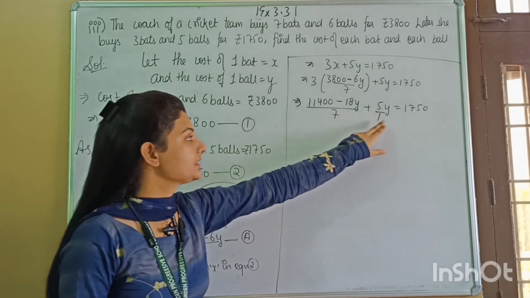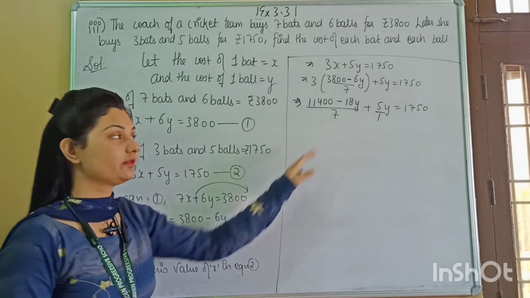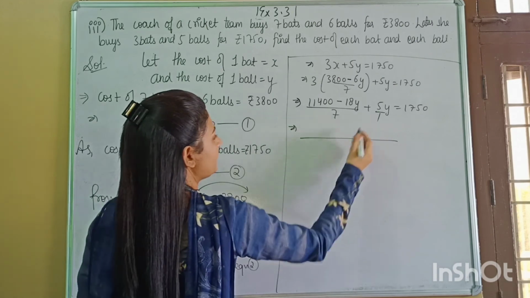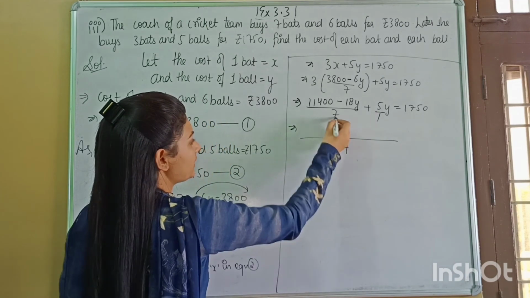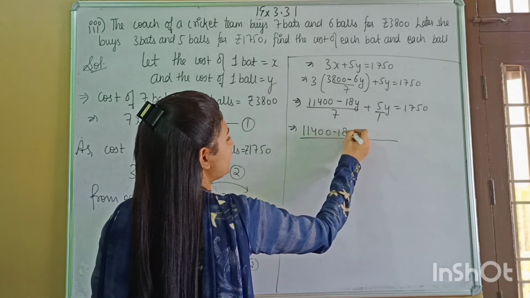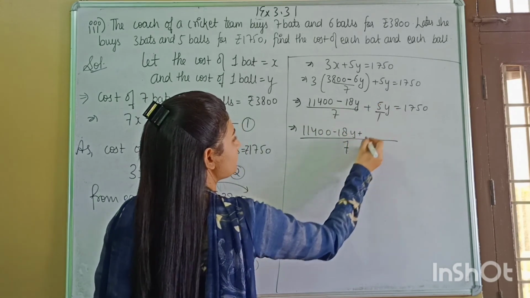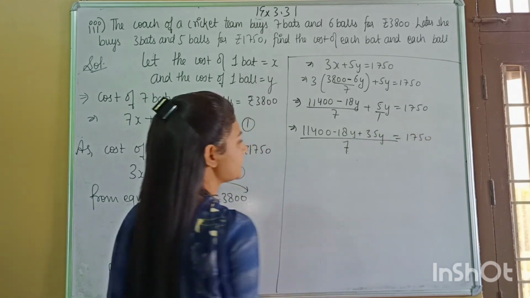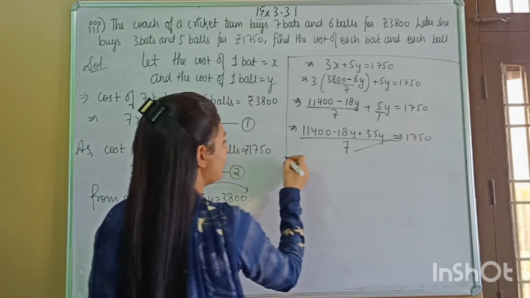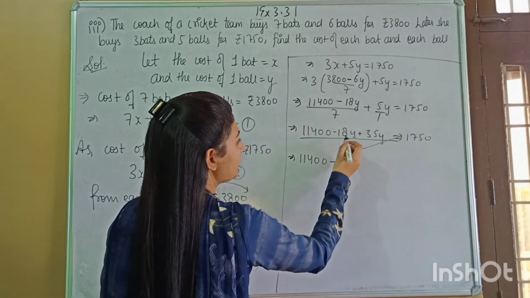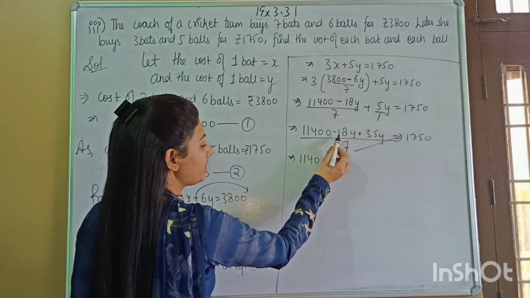Now we will take the LCM of these two numbers and solve the equation. The LCM of 7 and 1 will be 7 only. Now as the denominator is the same, the numerator will be written as it is, plus 5 into 7 is 35Y, is equal to 1750. Now this 7 will go to the RHS, so we get 11400 minus 18Y plus 35Y.